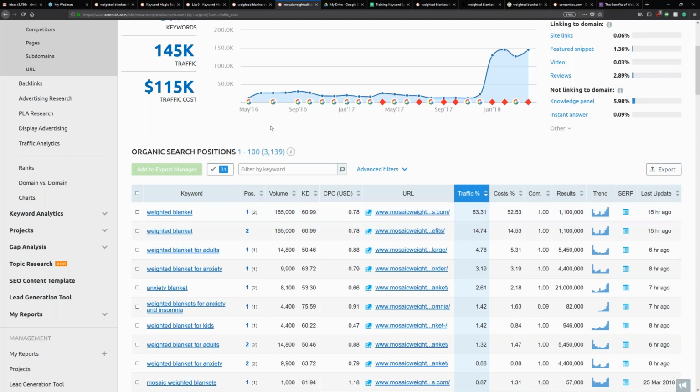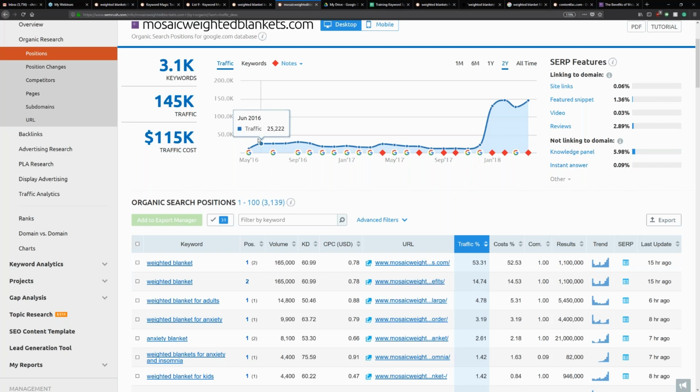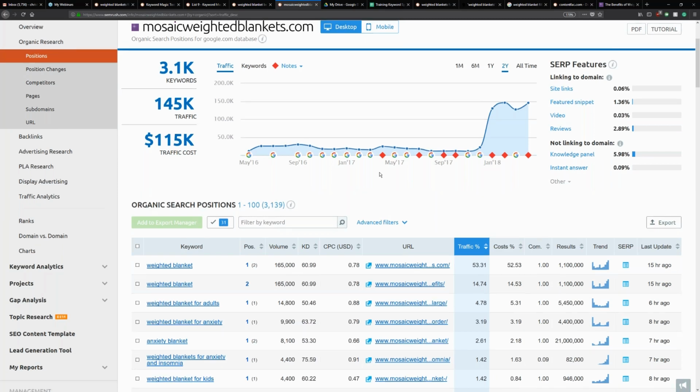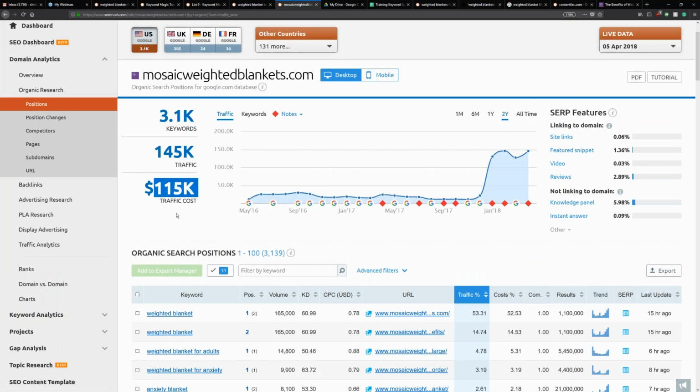SEMrush takes an estimate of what it thinks their traffic is from that keyword, and then multiplies it by the CPC rate for that keyword, and they come out with that number. And they do that for their total traffic score down the spectrum for everything they rank for, and that's how they come up with this monthly number. I think that should answer it. But this number is 100% estimated by SEMrush.